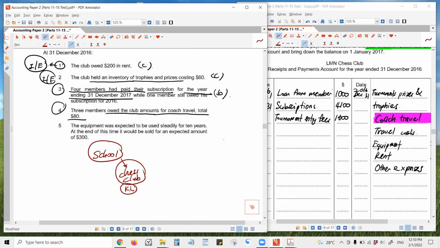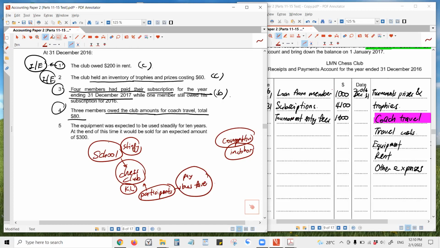One day there's a chess competition that is held in Johor. And the school is a very stingy school. Therefore, those participants who go for the chess competition have to pay for the bus fare.